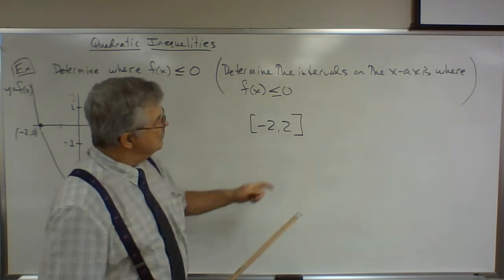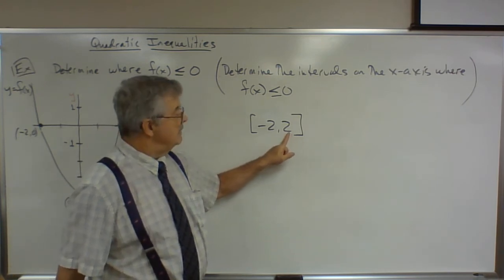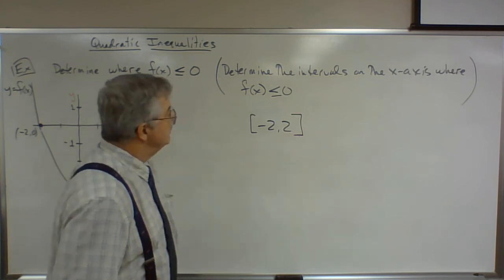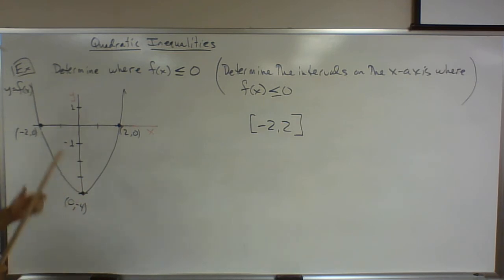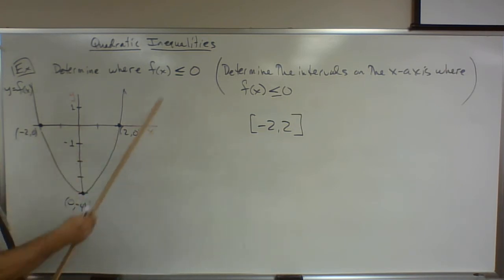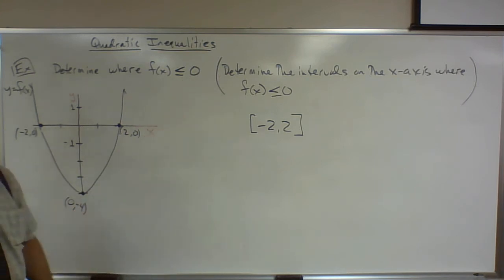And we include this square bracket to show that x equal positive 2 is part of our solution. So in this case, for every x value from x equal negative 2 to x equal positive 2, f of x is less than or equal to 0.